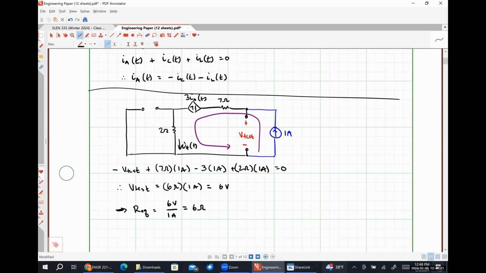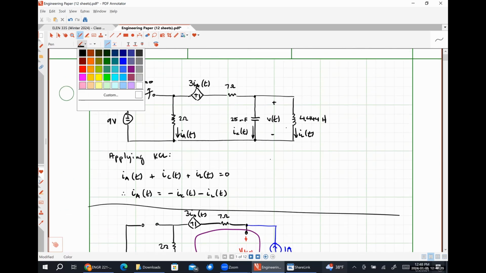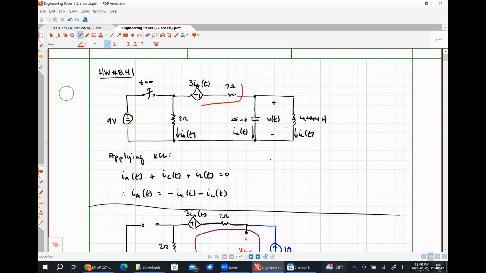So, circling back around, I can treat this whole thing as a 6 ohm resistor without losing literally any information whatsoever, because that's the point of electrically equivalent circuits.